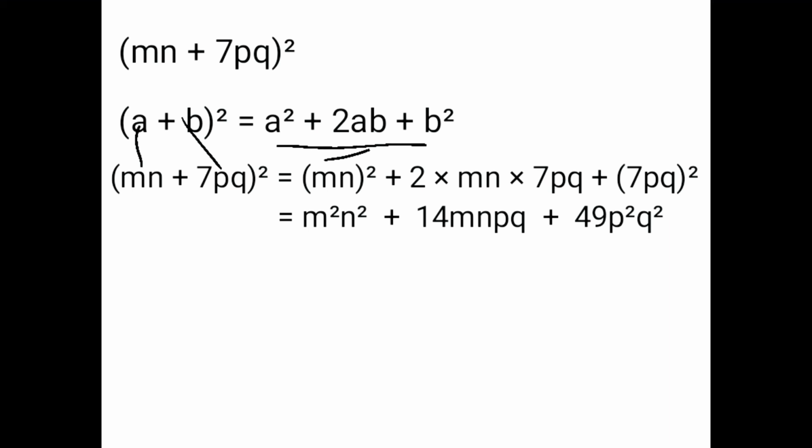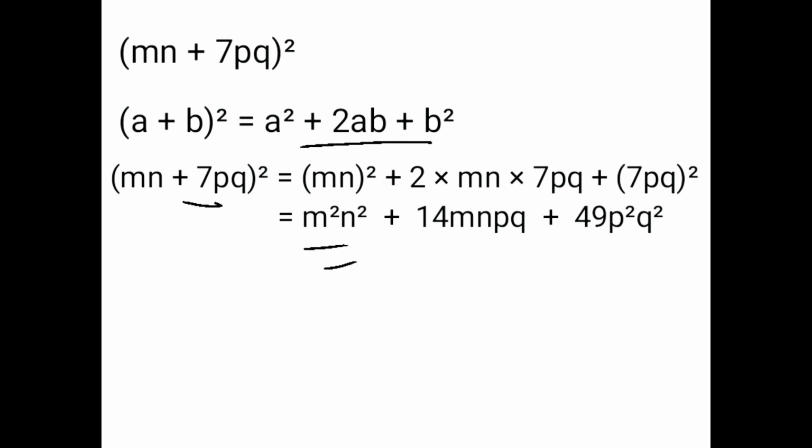You have to learn the formulas, student. a square plus 2ab plus b square in the given question. Now start doing it. That is (mn) square plus 2 into mn into 7pq plus (7pq) the whole square. (mn) the whole square gives m square n square.